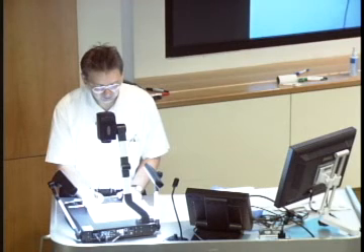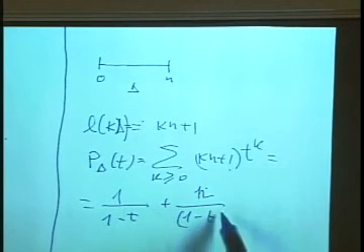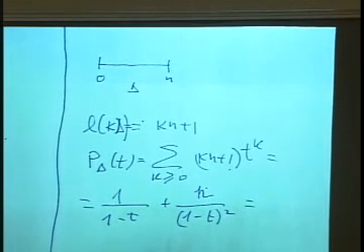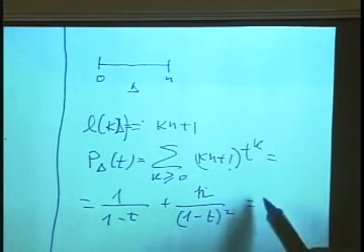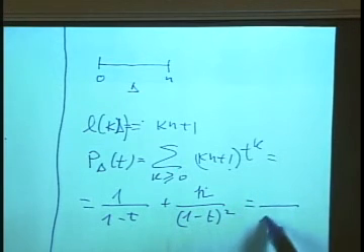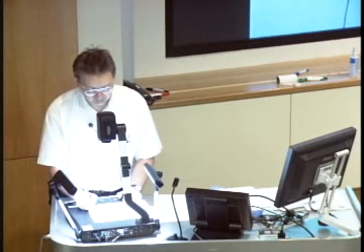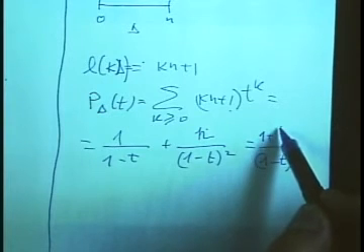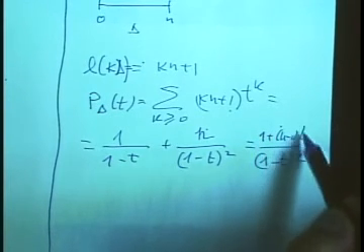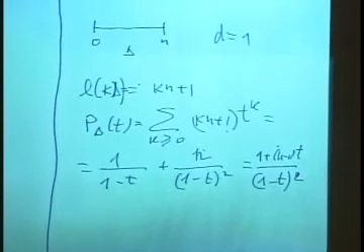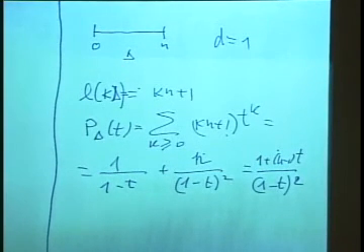It gives a geometric series, and you get a rational function with denominator (1 minus t) squared, and in the numerator you get 1 plus (n minus 1) t. So d in this case is 1. This is how you get an example.